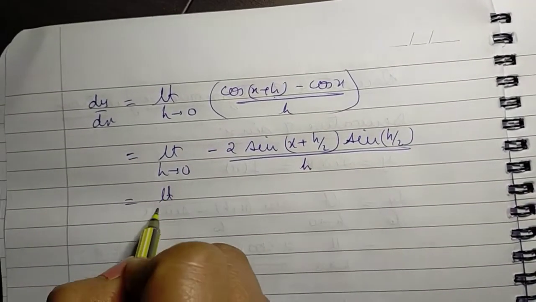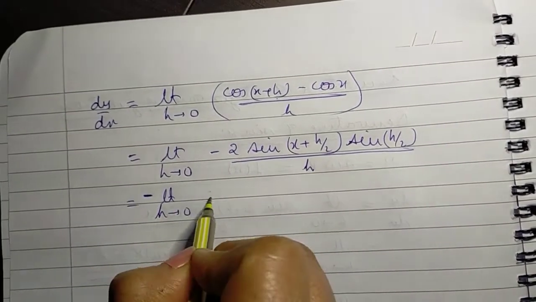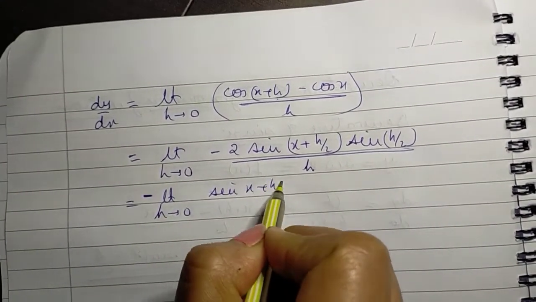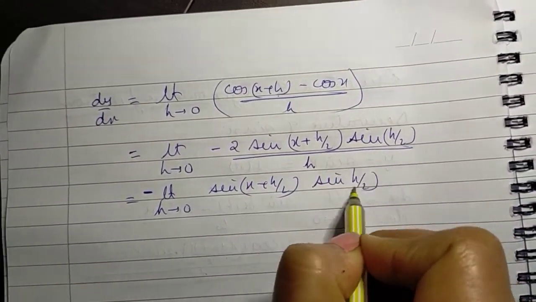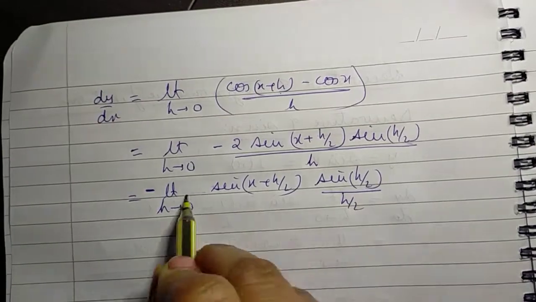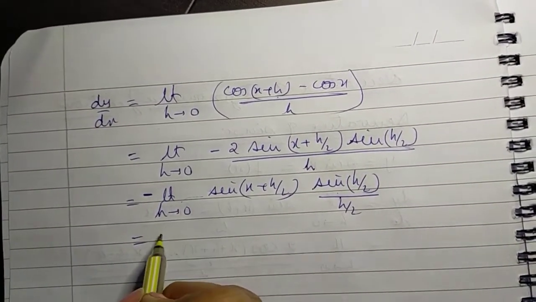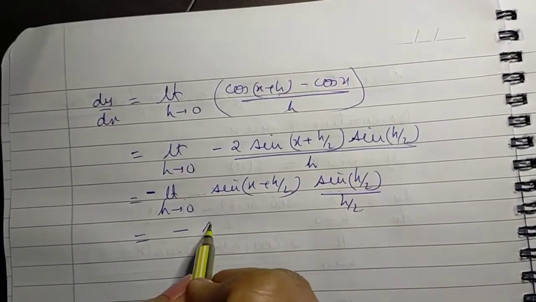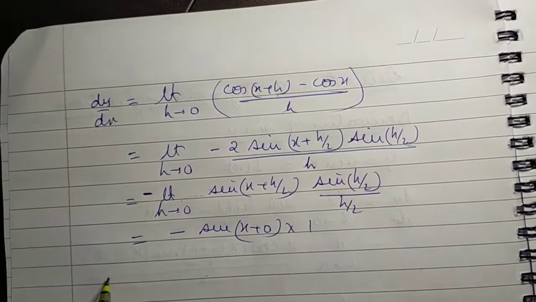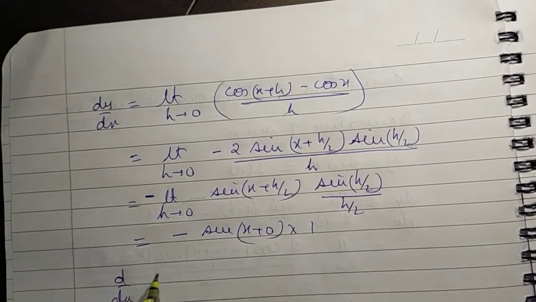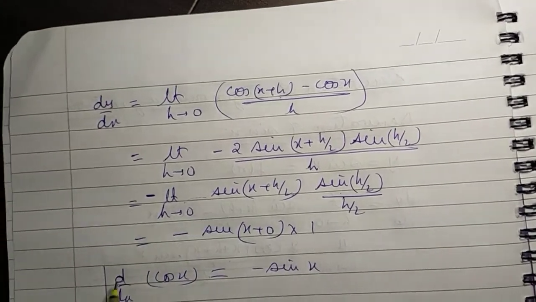Again we can write it as limit h tending to 0, with the minus outside, sin of (x plus h by 2) into sin of (h by 2) upon h by 2. We can separate the limit, or we can just simply substitute. What do we get? Minus sin of (x plus 0) into 1, and so we get the derivative of cos x is equal to minus sin x.